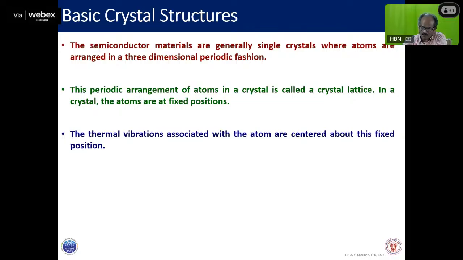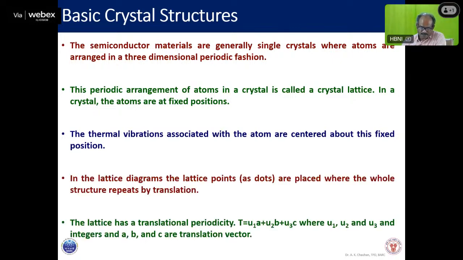Then all the atoms vibrate around their mean position, which is the lattice point. In the lattice diagram, we display the lattice point as a dot, but these are actually imaginary points. We display the dot only so that we can recognize this is our lattice point.